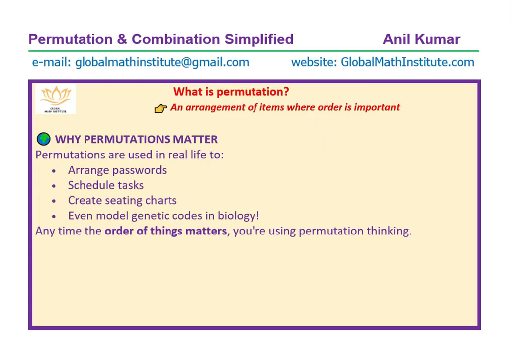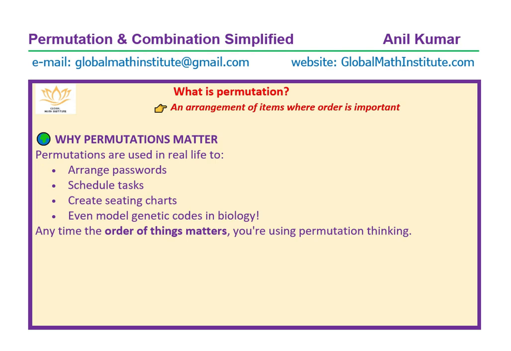So where is this permutation used and why are we studying it? That's another important thing to understand. So another important question to answer is to understand why permutations matter. Permutations are used in real life. When you make passwords, let's say you need 8 combinations.